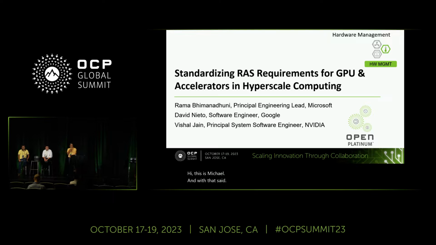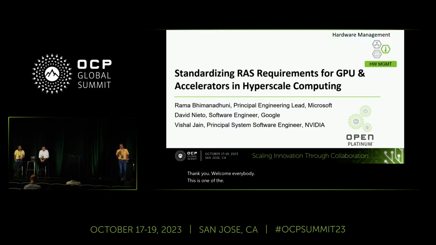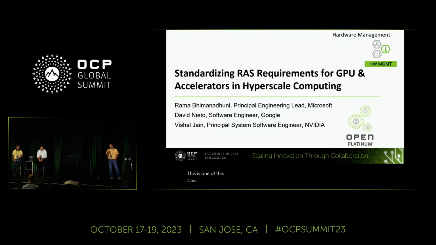Cool. Thank you. Welcome, everybody. This is one of the 3 sessions we have in the series for enabling faster adaptations of GPUs and accelerators. As we have been listening in different talks and keynote speeches, we are seeing a tectonic shift in the AI space.